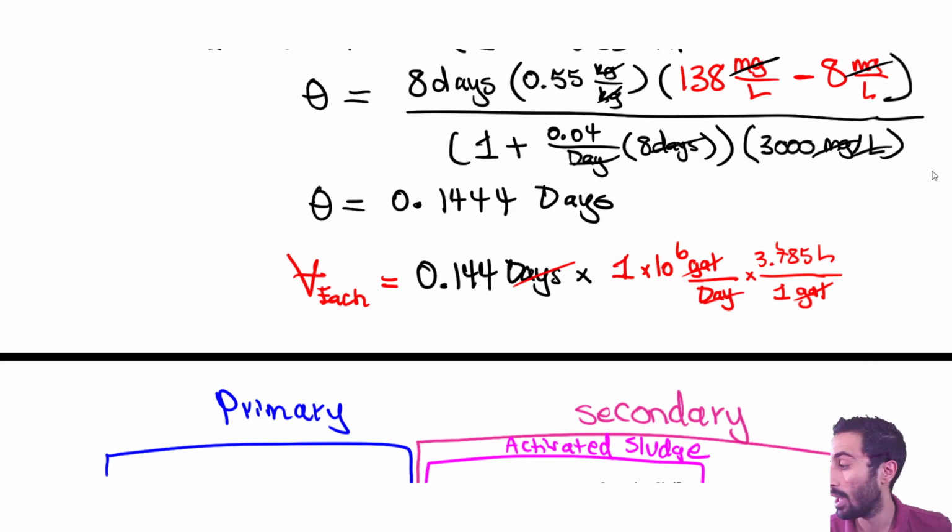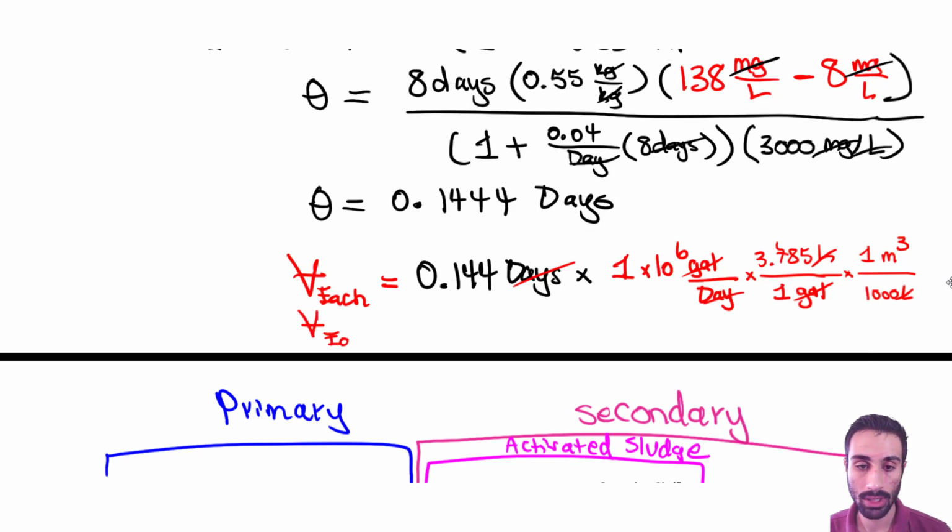But these cancel. Now we have liters. Then we can simply divide by 1,000, because we know 1,000 liters is in 1 cubic meter. So the liters cancel, and now we get just cubic meters for the volume of each aeration tank.